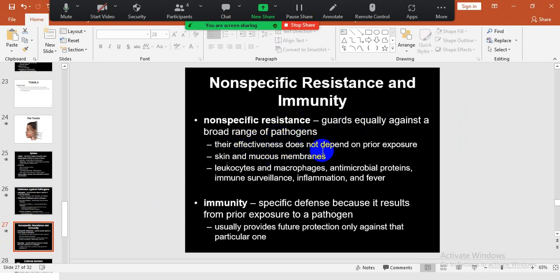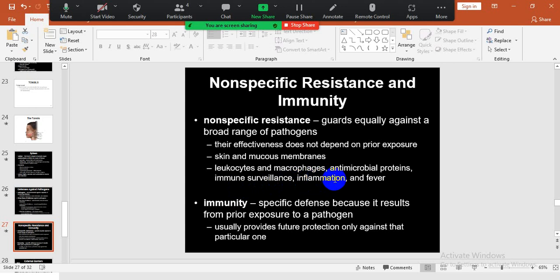Their effectiveness does not depend on prior exposure. There is no memory production. Skin and mucous membranes are examples. White blood cells, macrophages, antimicrobial proteins, and the antimicrobial proteins are what we call the cytokines and the rest. Immune surveillance, inflammation.